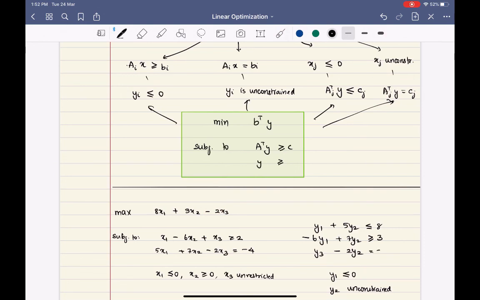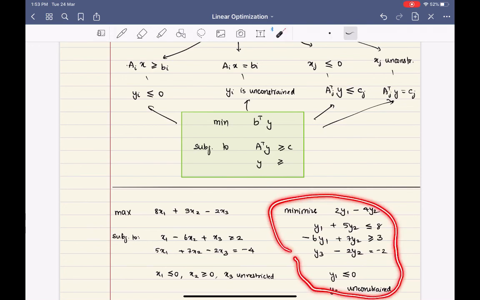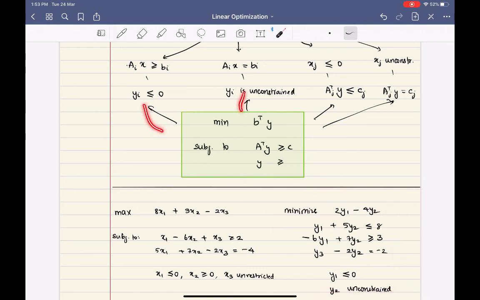Okay? And then the maximization becomes a minimization. The right hand side of these inequalities will be 2y1 minus 4y2. Okay? So also you can verify that if we had started with this and performed these changes, we would get back this.